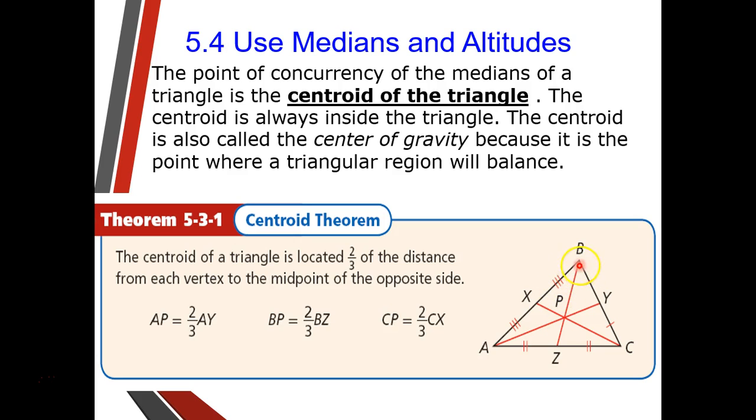You have BP is equal to 2/3 of BZ, and CP is 2/3 of CX.